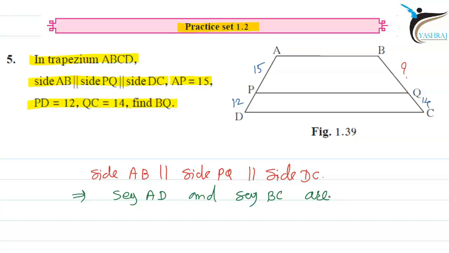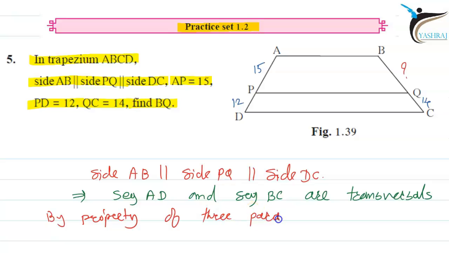Once a line intersects parallel lines, then that line itself is said to be a transversal of the given parallel lines. So AD and BC are transversals. I am writing here by the property of three parallel lines and their transversal.